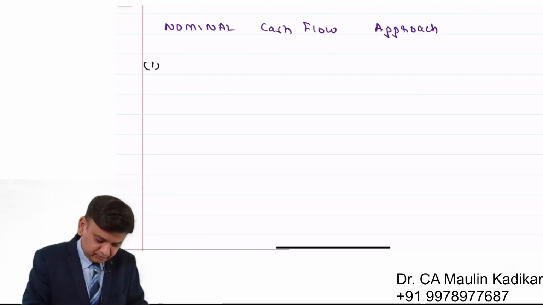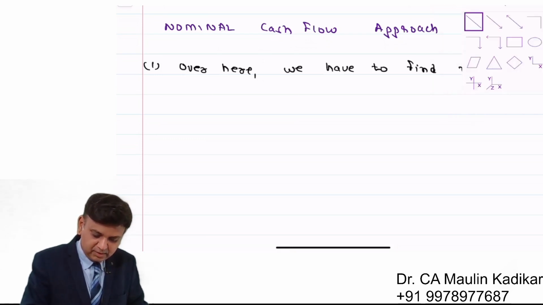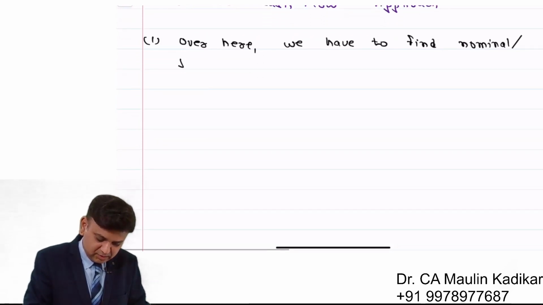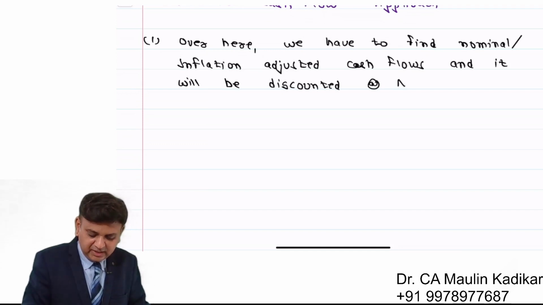First point, over here we have to find nominal slash inflation adjusted cash flows, and it will be discounted at nominal cost of capital.